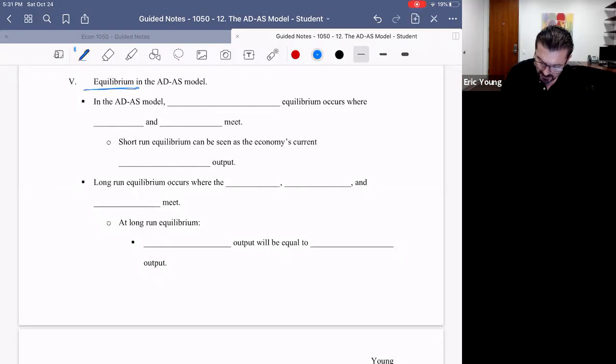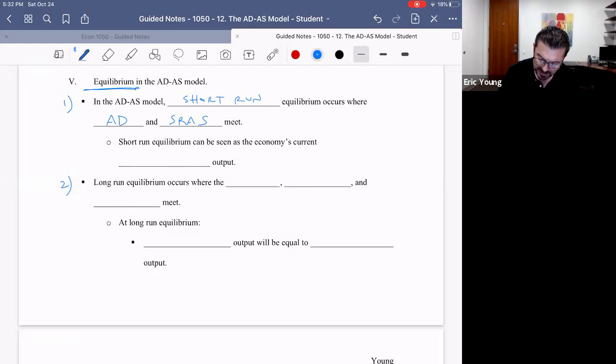So equilibrium in the ADAS model. Basically, my friends, what I want to suggest to you is that you should think about the ADAS model as having two distinct equilibrium types. The first one is short-run equilibrium. Short-run equilibrium will occur at the point where AD and SRAS meet.